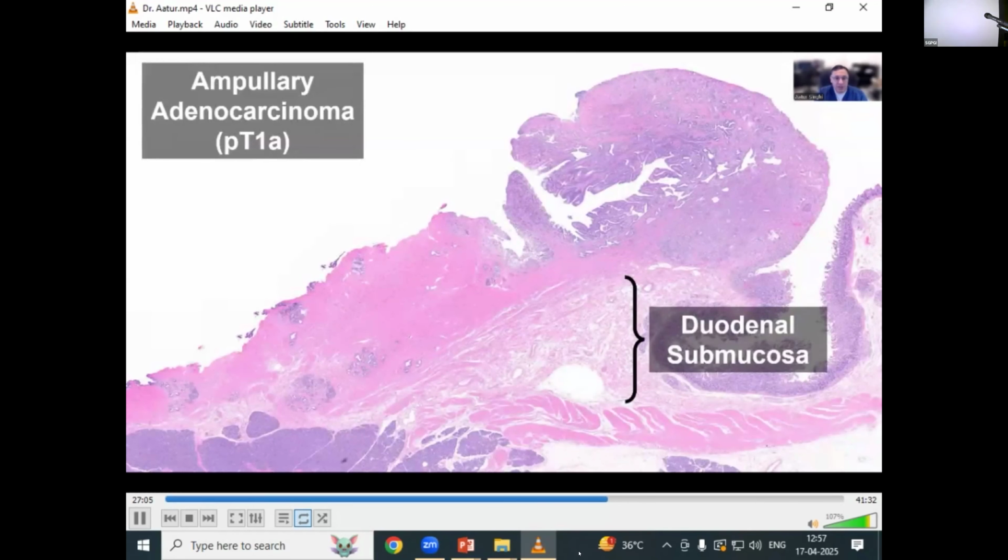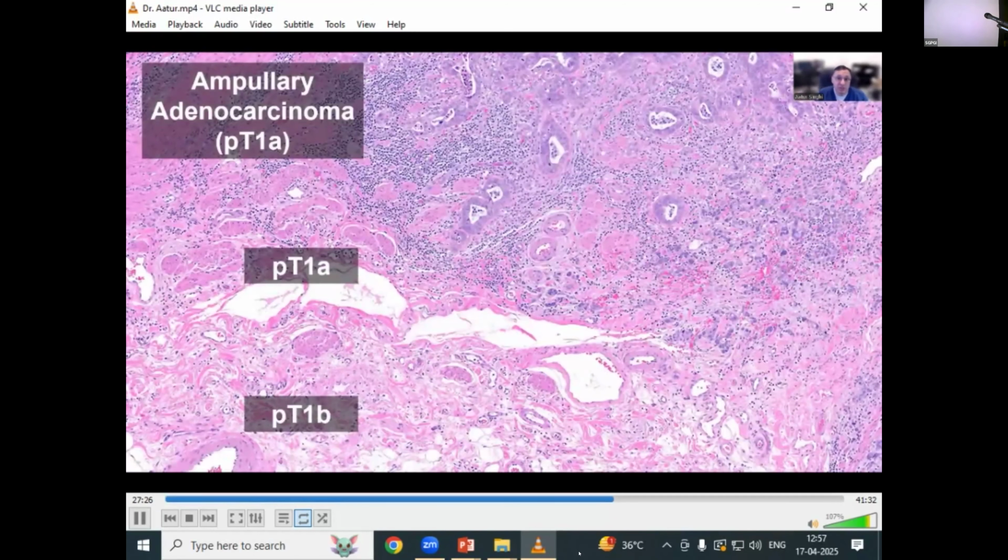But focusing on a systematic approach, it actually gets quite simple. So let's first focus on T1A adenocarcinomas. These neoplasms are limited to the ampulla, or more specifically, the sphincter of Oddi, with an absence of invasion past the sphincter of Oddi laterally and have not permeated through into the duodenal submucosa.